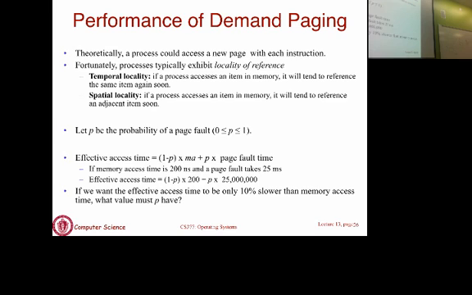Effectively, you want now this expression to be equal to 10% slowdown, so this side is going to be 220. Okay, so you can just plug that in, which is 220 equal to 1 minus p times 200 plus p times 25 times 10 to the power 6. So if you do this, you'll see this becomes 20.